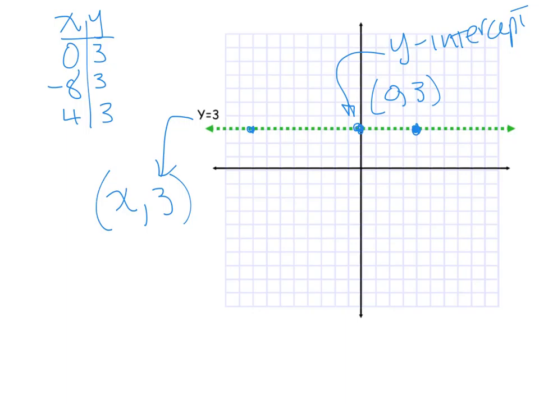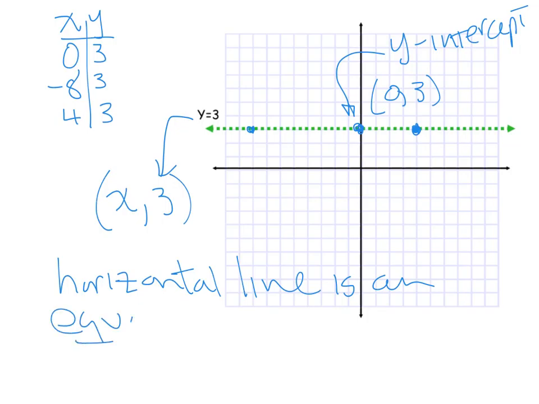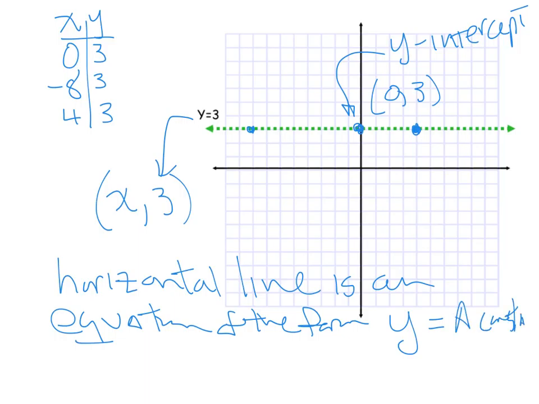So the horizontal line has an equation of the form y equals a constant, some number. And the slope, as you may have gathered, you can find from any of these points that we've generated.